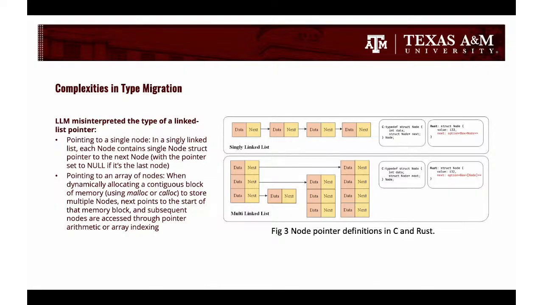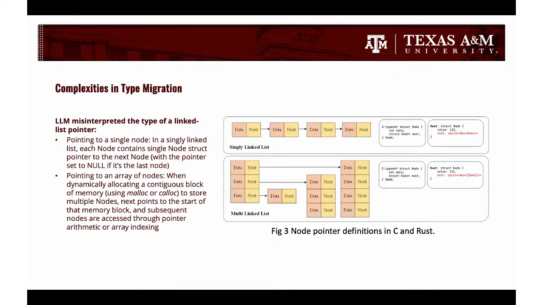This complexity was detected during our manual translation, where the LLM misinterpreted the type of a linked list pointer. It recognized struct node next as pointing to a single node, overlooking the fact that the same pointer can point to an array of nodes. The diagram here vividly illustrates the issue.